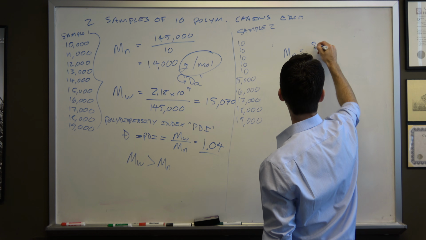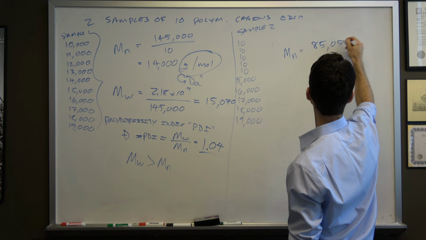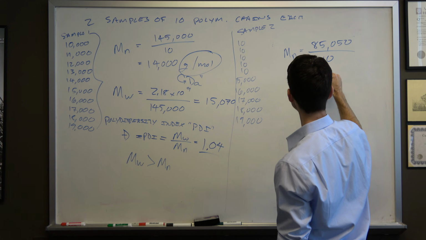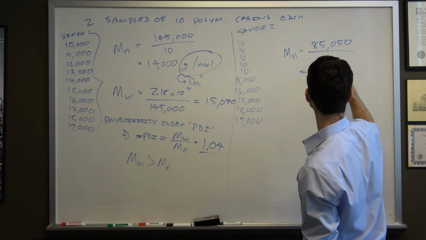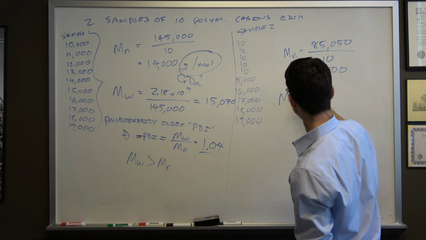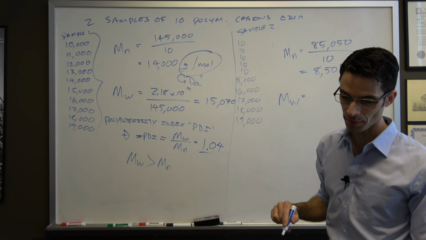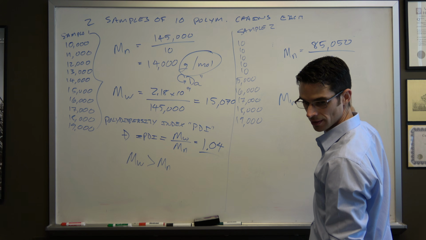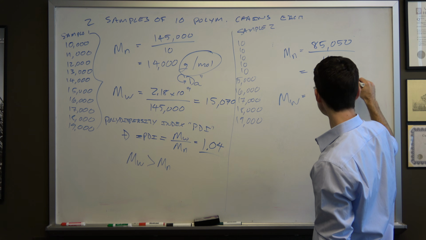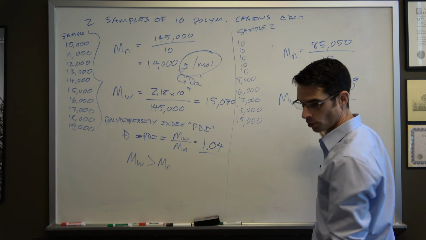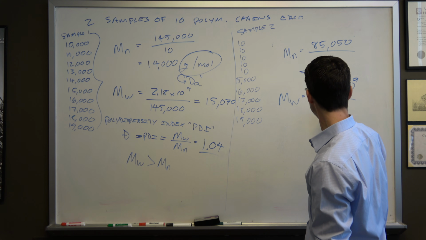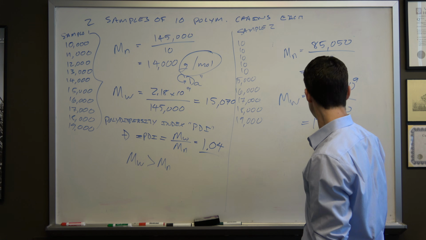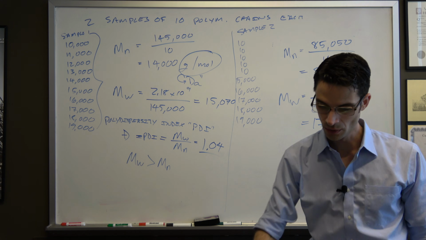In this case, what we have is M sub N equals 85,050 over 10, or 8,500. And M sub W is 1.45 times 10 to the 9 over 85,050 equals 17,100.